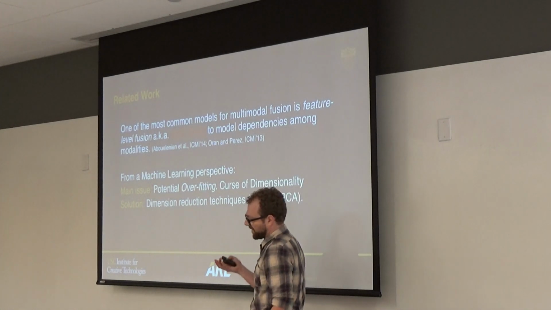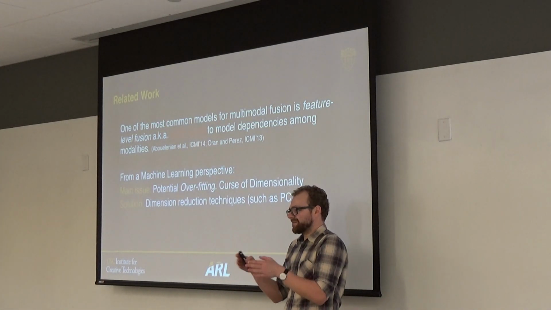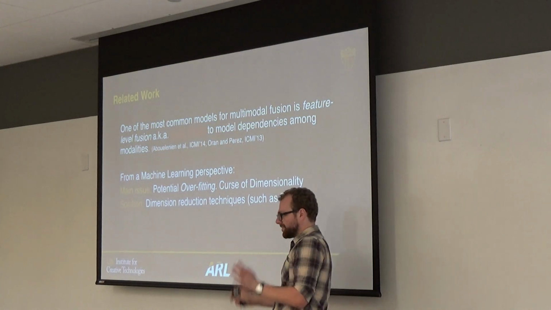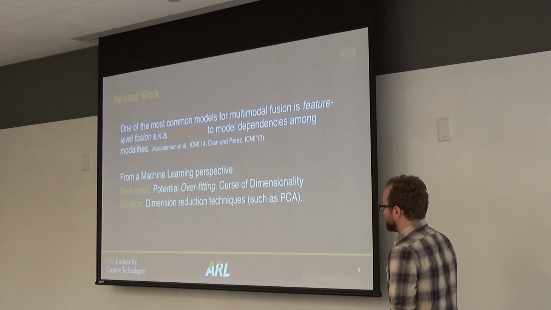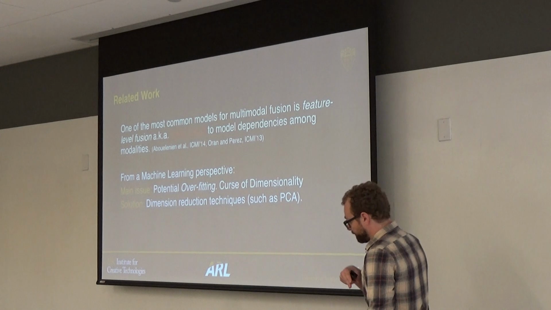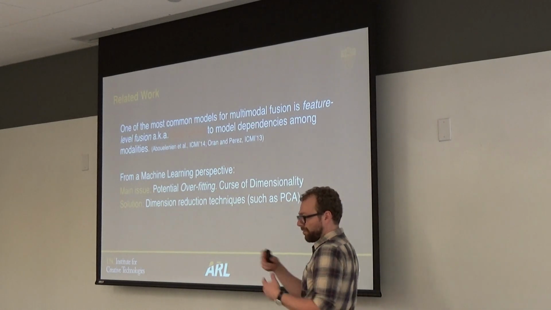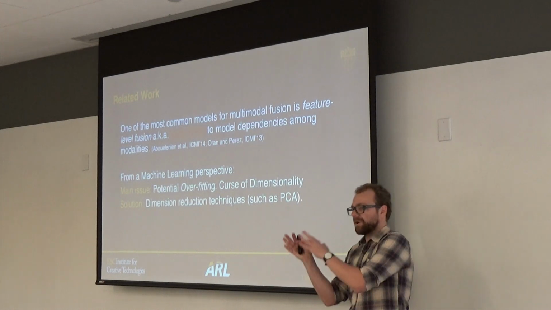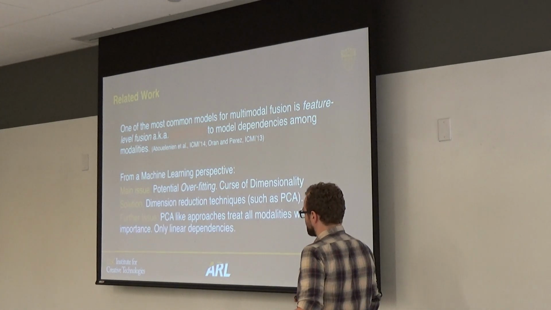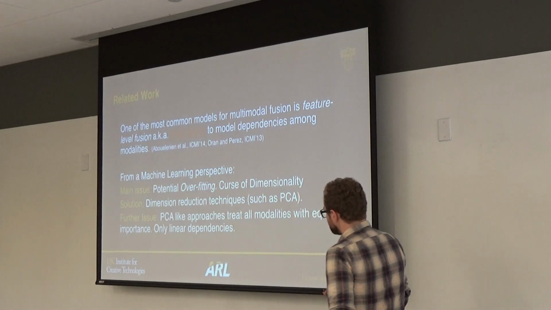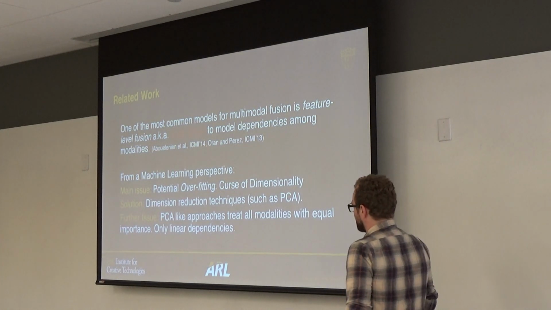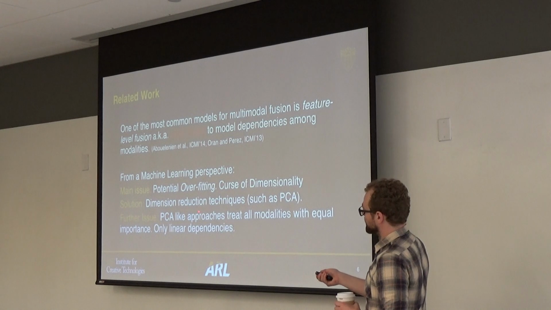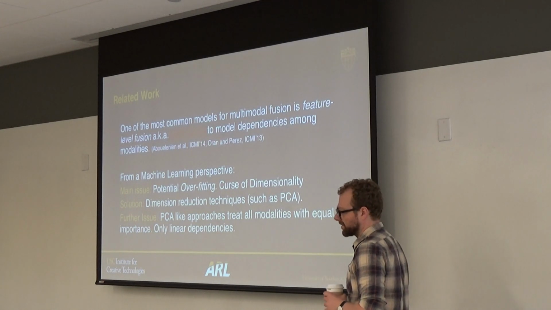But principal component analysis only captures linear dependencies, and it only captures the main sources of variation. But what we really want to model is the dependencies, or the correlations, of different modalities. So all modalities are modeled with equal importance, and only linear dependencies are considered.